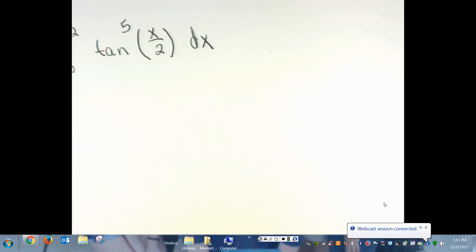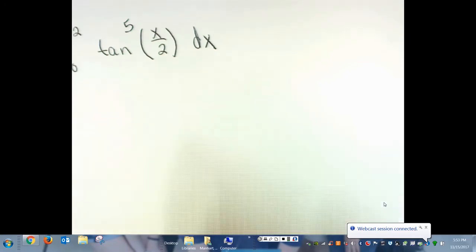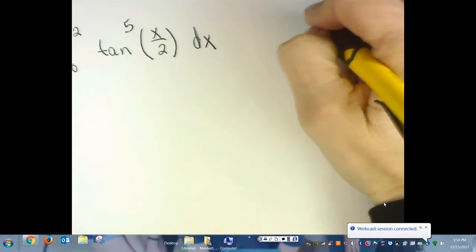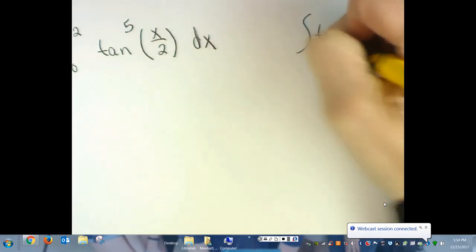The next step, if we're going to plug into the reduction formula, I'm going to write the reduction formula down off to the side. So this is coming directly from the sheet.